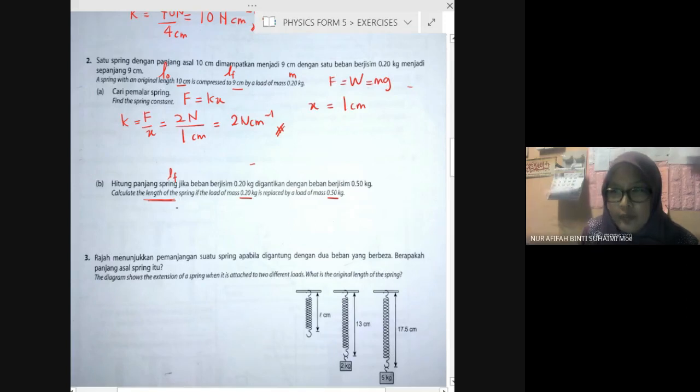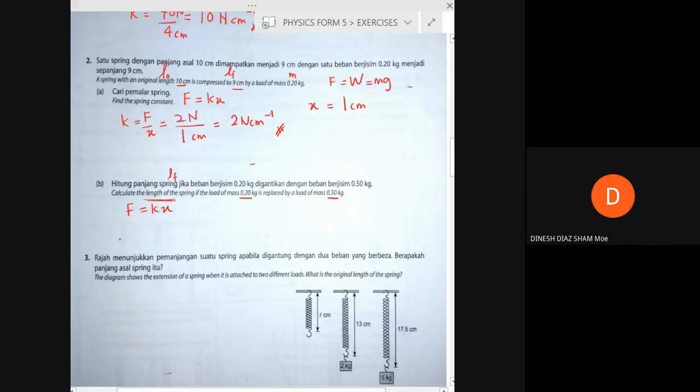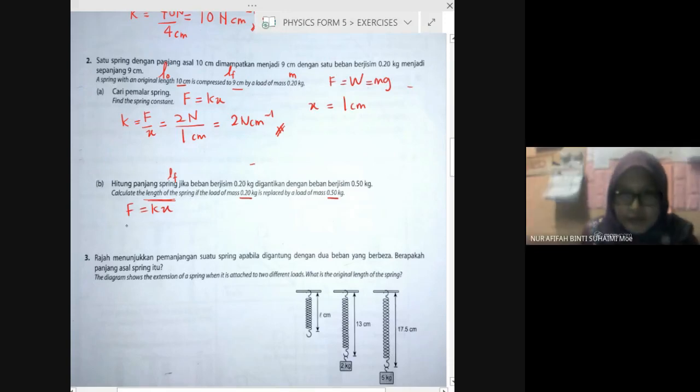Macam mana nak buat ni? I use the same equation, F equal to kx. So how much is the value of F? 5 Newton. Okay, mana dapat K?